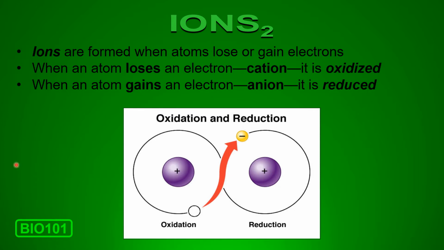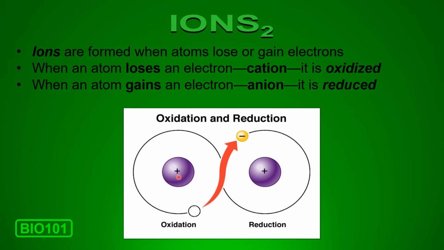So in the little diagram down here, we see two atoms, and they're just floating around, and they start to intermingle in the natural milieu. And so one atom here has an electron there, and this atom here needs an electron. That's what's going on here. So this atom is going to pass its electron over to this atom.